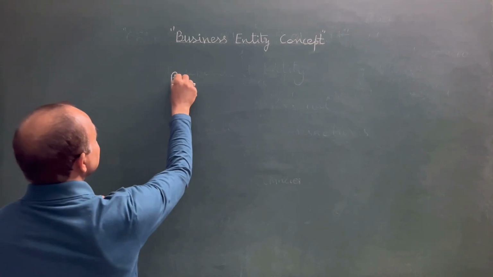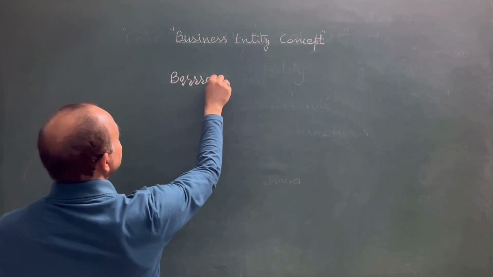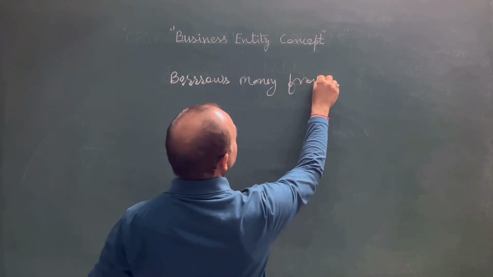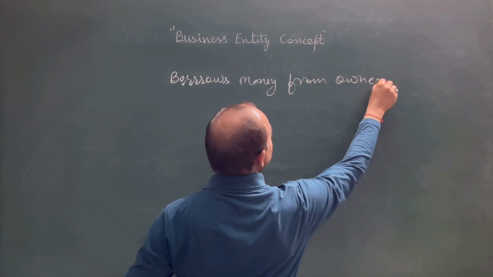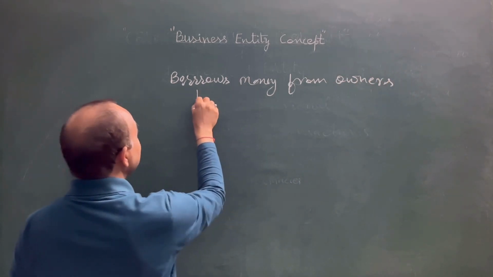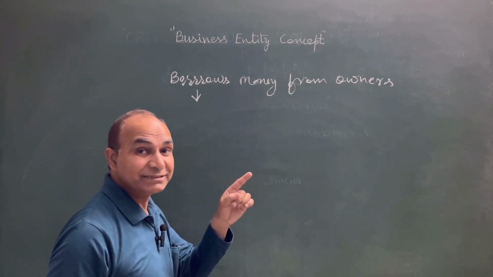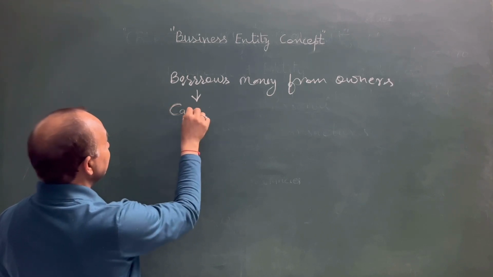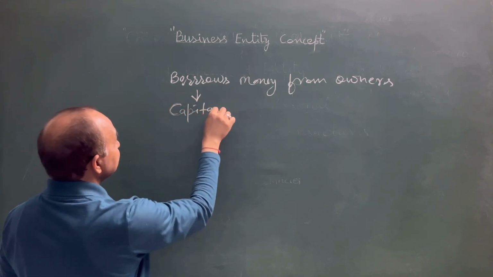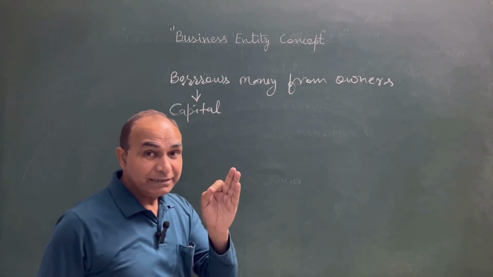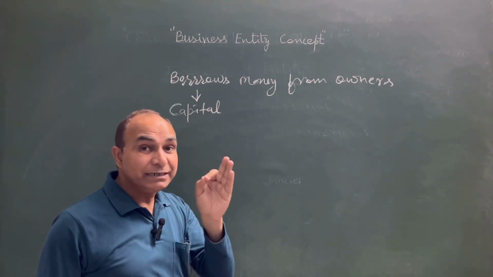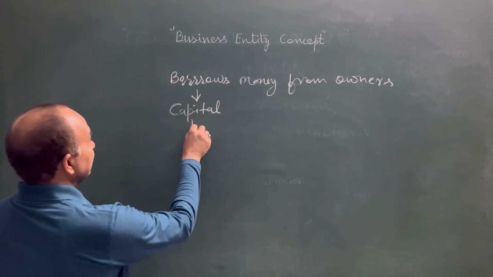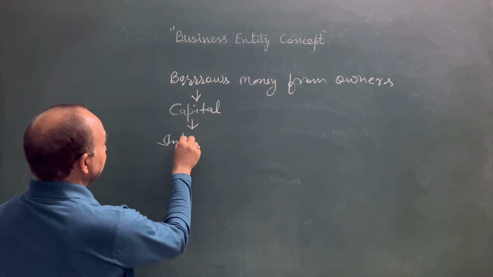The business arranges or borrows money from the businessman, the owner, and that borrowing is not external borrowing, dear friends; that is internal borrowing, and that borrowing is termed as capital. The businessman is considered as a creditor of the business, and this is the reason that interest is allowed on capital.